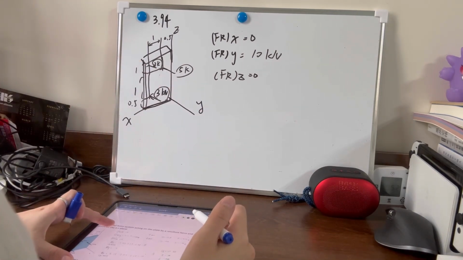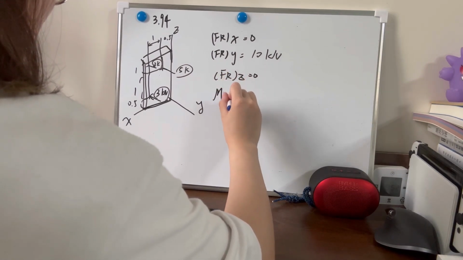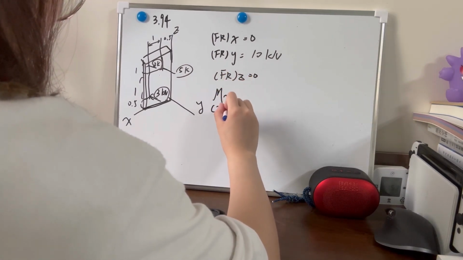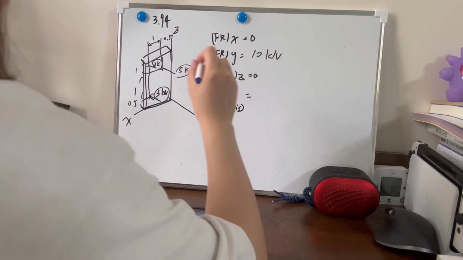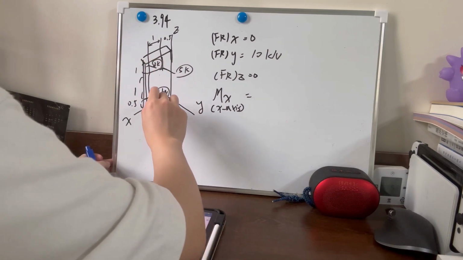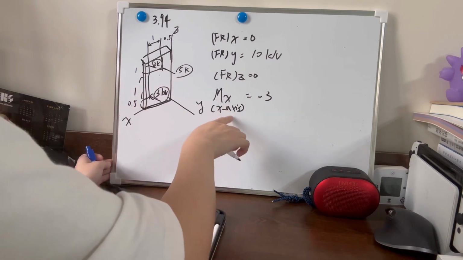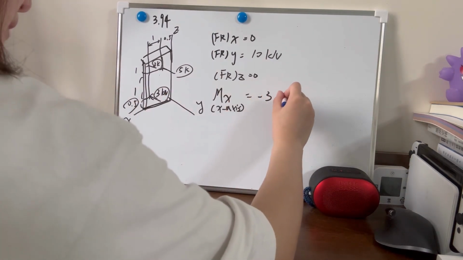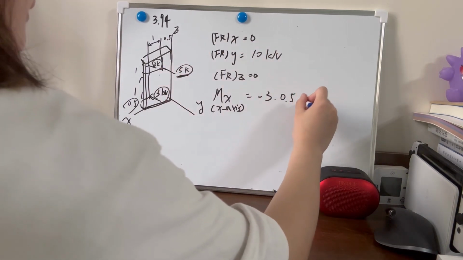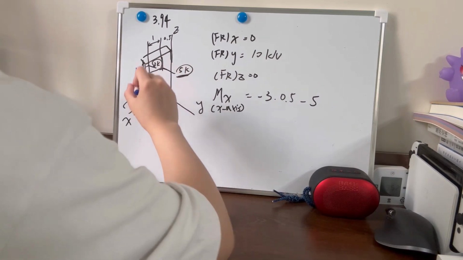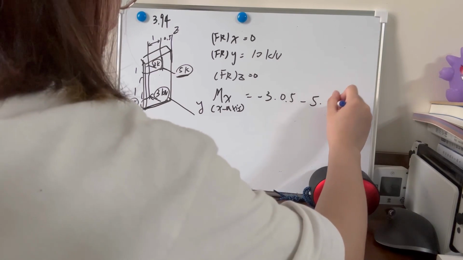And now we have to figure out the moment at the X axis. It's here 3, and the distance is times 0.5, and also here 5, and the distance is 1 plus 0.5, so it could be like 1.5.